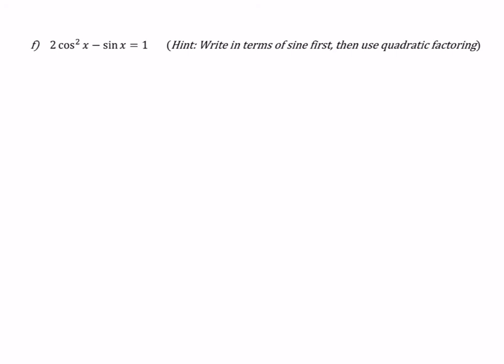Well, we do have a way, though, of changing this cosine squared into sine squared. Remember that? We had an identity that said cosine squared x equals 1 minus sine squared x. That's just the Pythagorean identity tweaked around, solved for cosine squared.